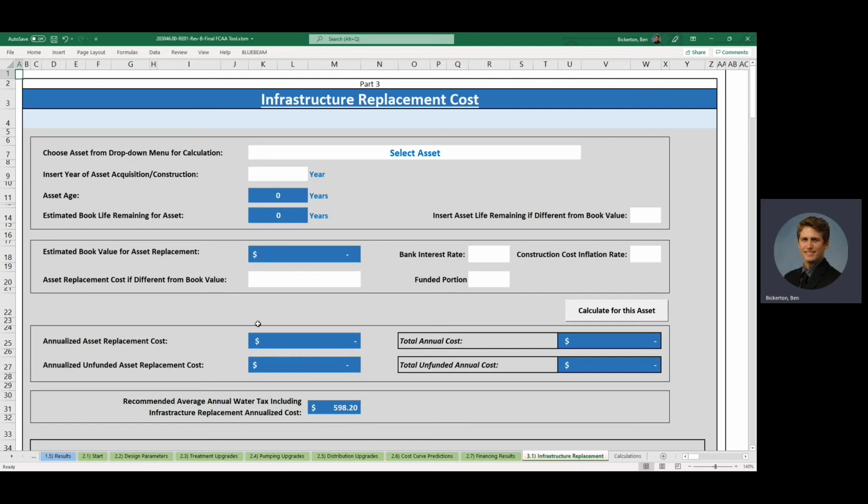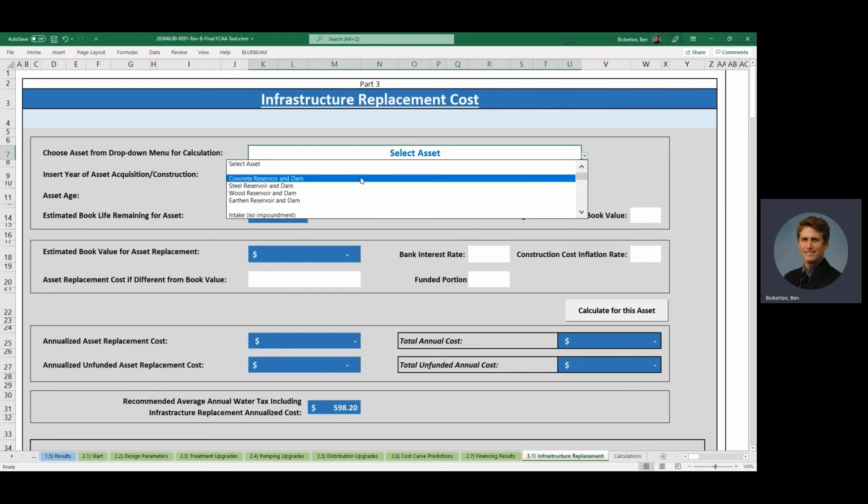And so this part of the tool allows the user to tabulate these assets and their respective remaining life and replacement costs.